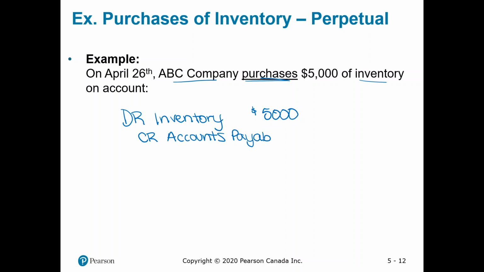So this isn't really new. Maybe we haven't directly seen anything go into the inventory account, but that's what we purchased. It's on account, so it goes through AP. We would say to record purchase of inventory on account.